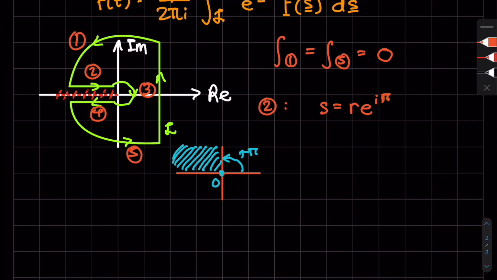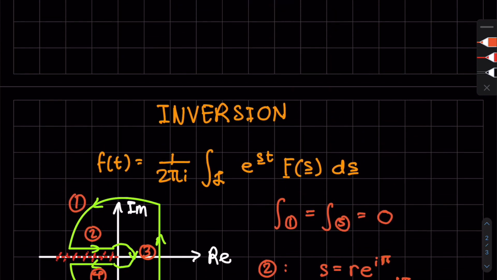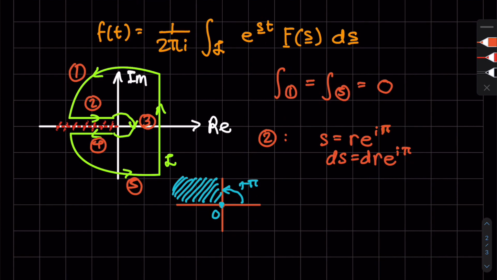Okay. So if we do that, we have ds is dr e to the i pi. Yeah, let's just keep it there. I'm not going to write it as minus dr. It's understood. Now if we plug that in, we have 1 over 2 pi i integral, we're going from infinity to 0.